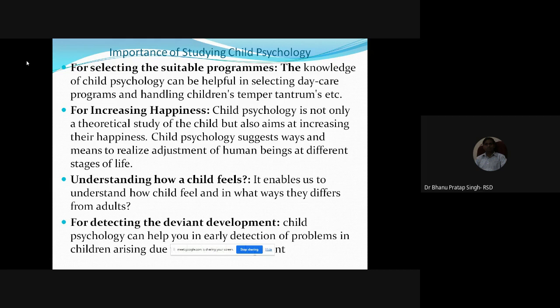The fourth is detecting deviant development. Child psychology also helps in early detection of the problems of the child arising due to various reasons, due to various situations. So these are the reasons why we study child psychology.